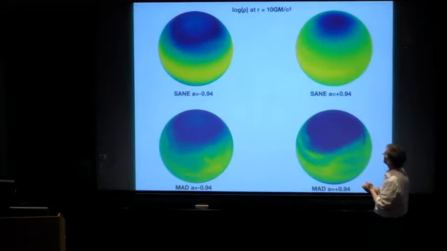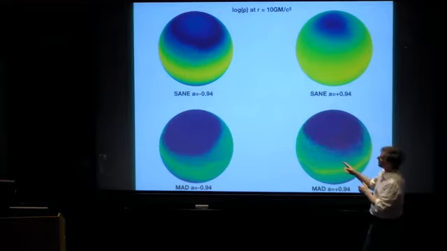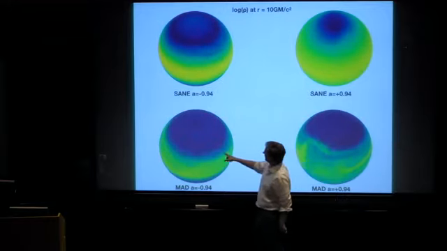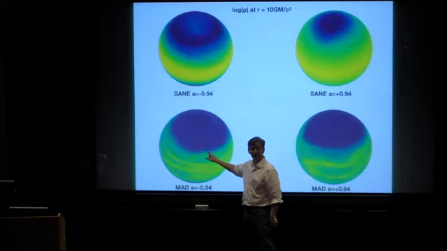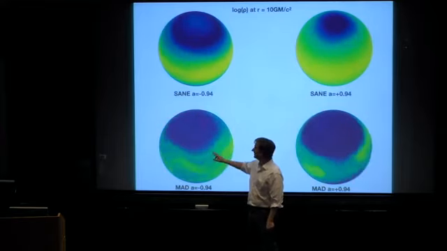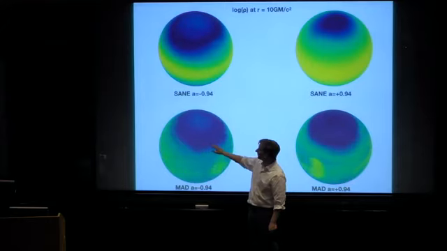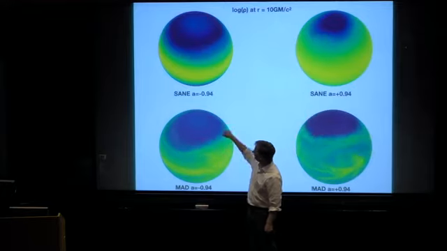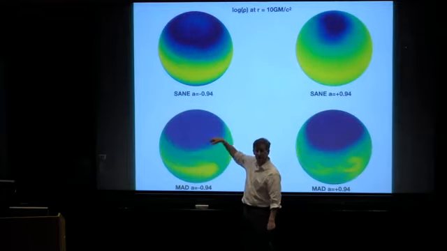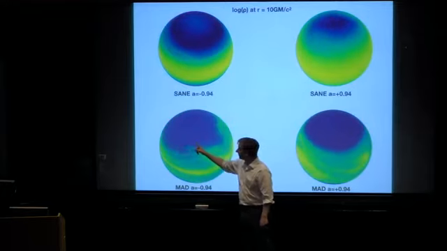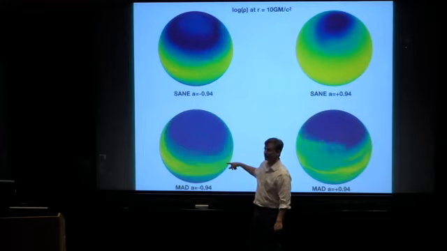Okay. So the other thing that you can see is that something is making the plasma in the funnel rotate one way or the other. And in these retrograde cases, you can see there's material at the edge of the funnel. So this is a MAD, strong magnetic field model. You can see the material is being dragged around in this direction while the accretion flow itself is flowing this way.